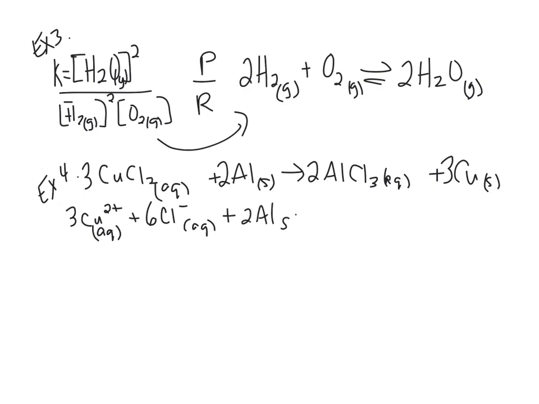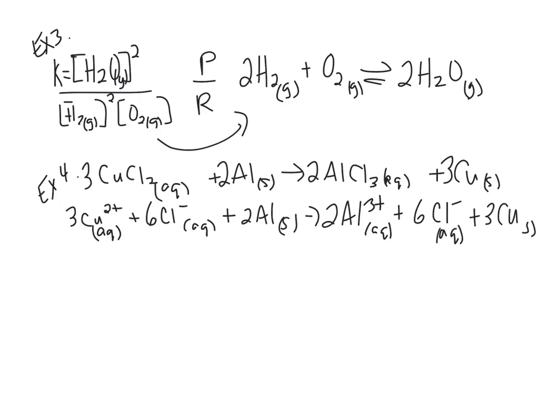Aluminum stays the same. When you're writing your total ionic equation, all you're doing is splitting up your aq substances into their ions. So this becomes 2 Al3 plus and 6 Cl minuses plus 3 Cu solids.